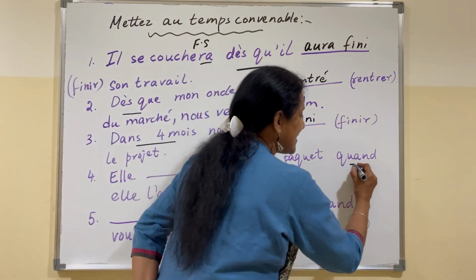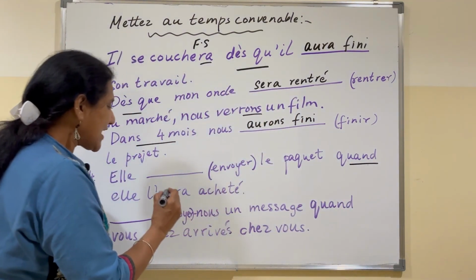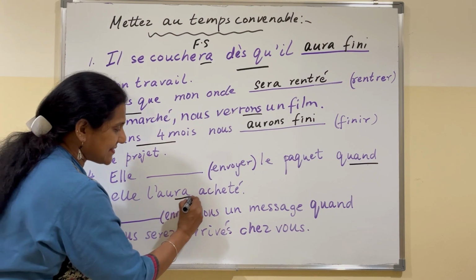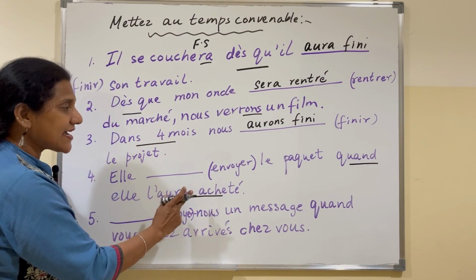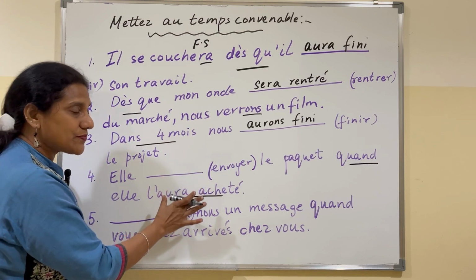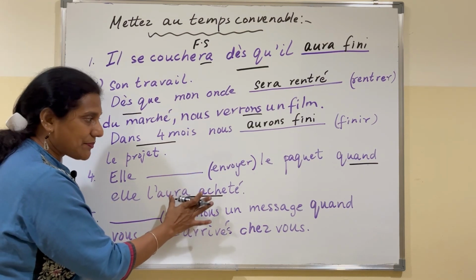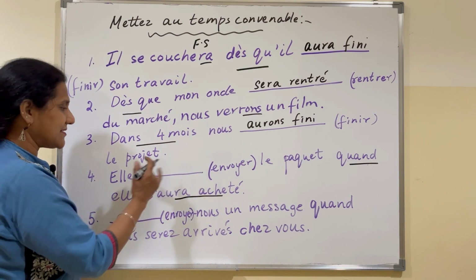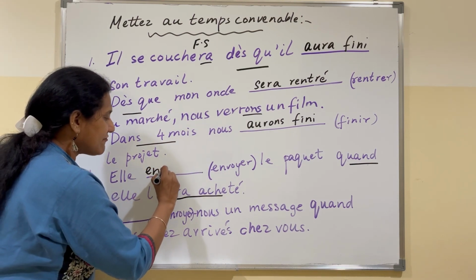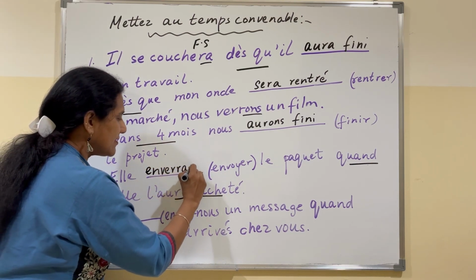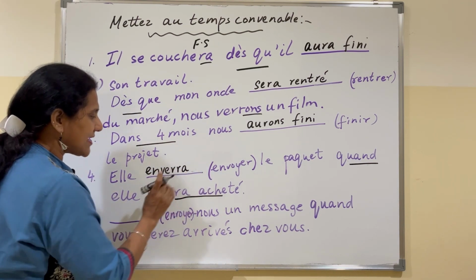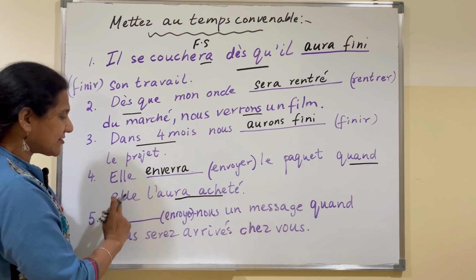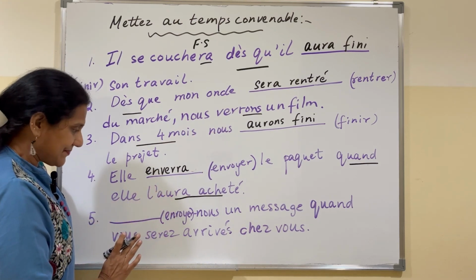Quand means when, it's my indicator, and when I go and look at the given tense, it's in futur antérieur. So what is the action here? The first action is she has to buy the parcel, the packet, and only then she can send it. So this is going to be in futur simple. And then it's elle. So futur simple, elle enverra le paquet quand elle l'aura acheté.